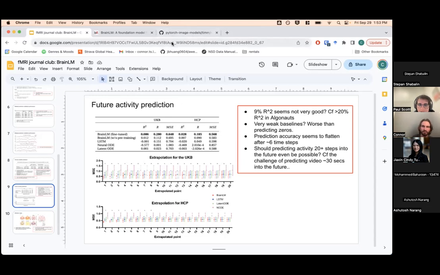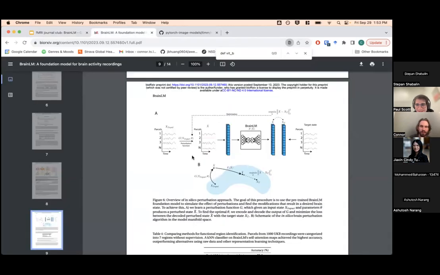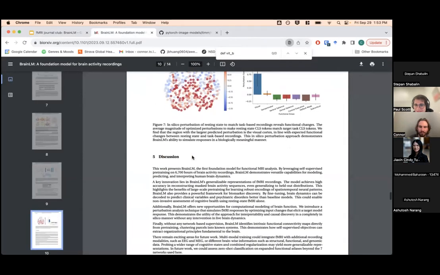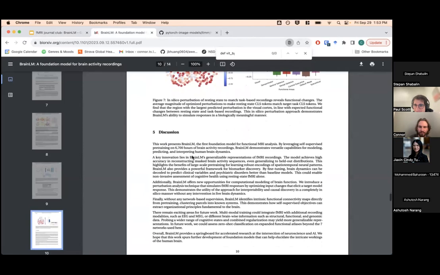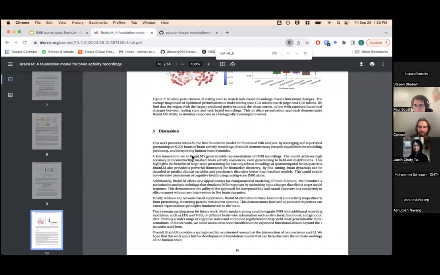And what is the conclusion that the authors make on this? Do they conclude that we can predict the future, or did they say something else? I don't think they say too strongly. Model achieves high accuracy in reconstructing mouse brain activity sequences.